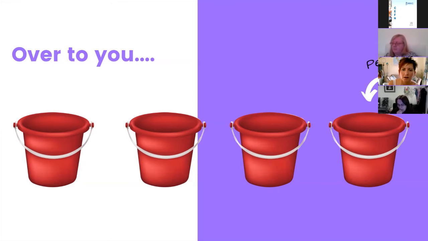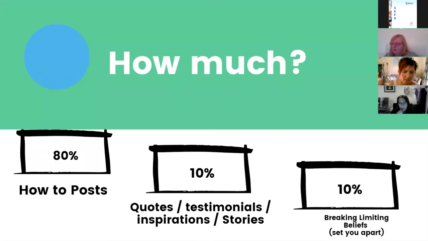Awesome. Okay, so once you've got your buckets, the next stage is that we need to fill them up with some content. So each week, if we think of one bucket as 100%, 80% of that bucket are how-to posts.